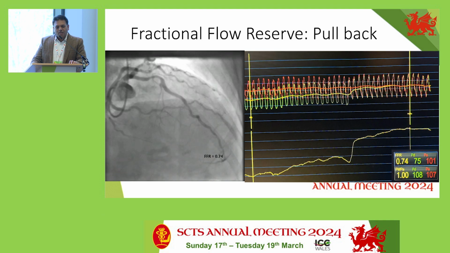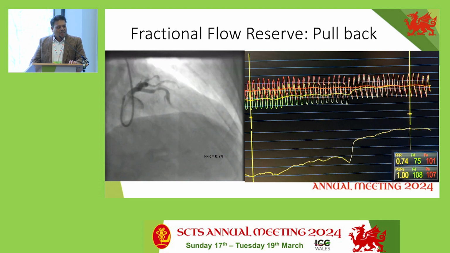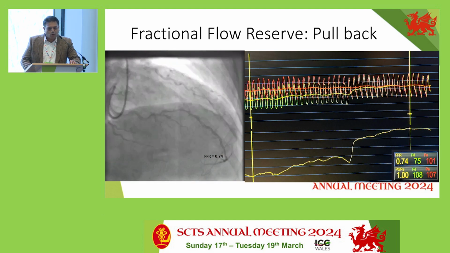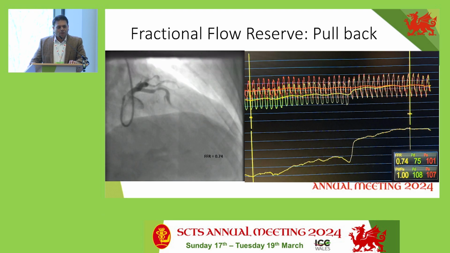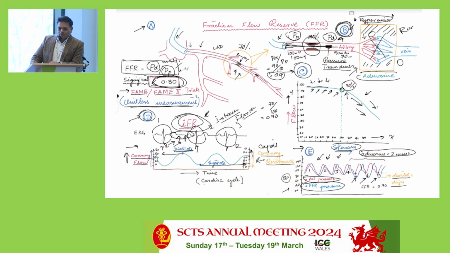So it highlights the important problems with using diagnostic angiogram as a technique to guide revascularization. Of course, it's common sense that the proximal lesions will be more important than the distal ones, but this is just the principle of it which I was trying to highlight.